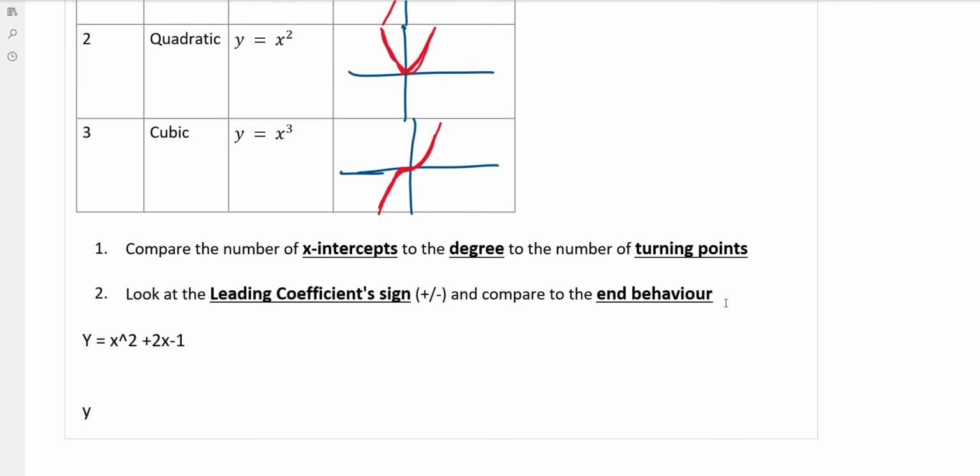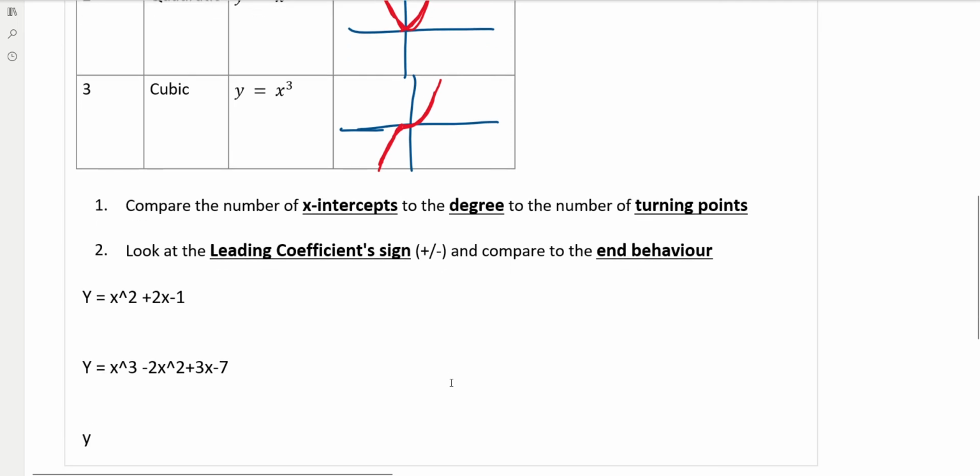We'll also do y equals x cubed minus 2x squared plus 3x minus 7. And then we'll do one more. Y equals negative x plus 4.